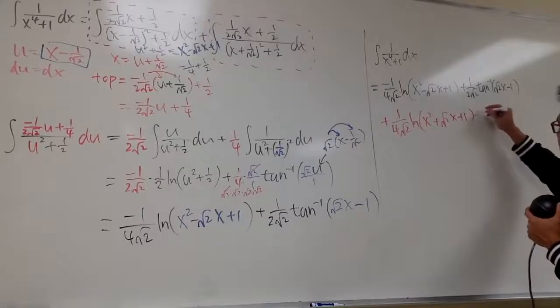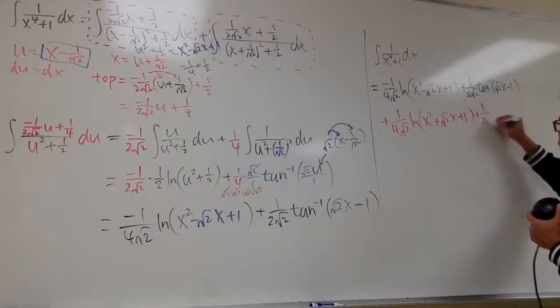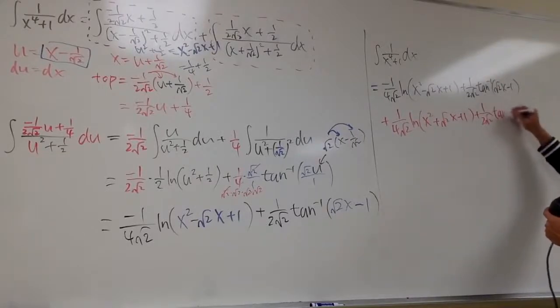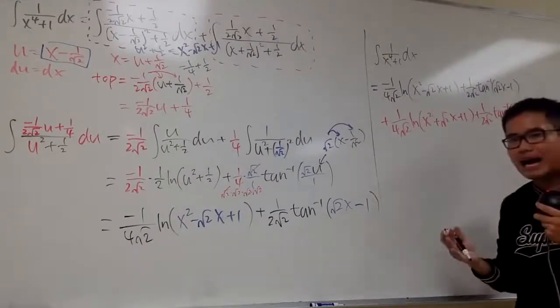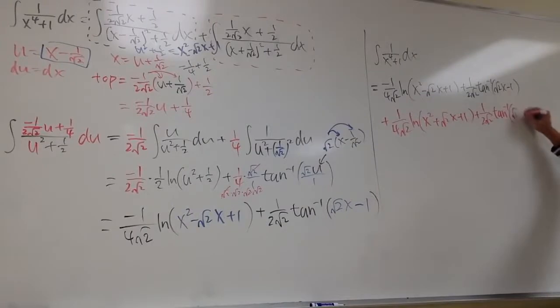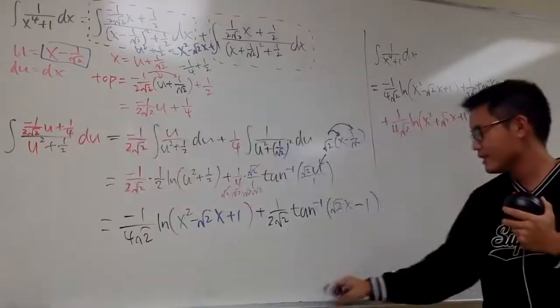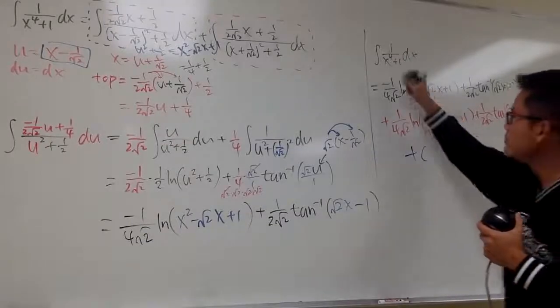And lastly, we have plus, actually the same constant, 1 over 2 square root of 2, and then we still have the inverse tangent right here, and then instead of this negative, we have positive, all right? So we have square root of 2x plus 1. Oh my God! At the end, put down a plus in blue.